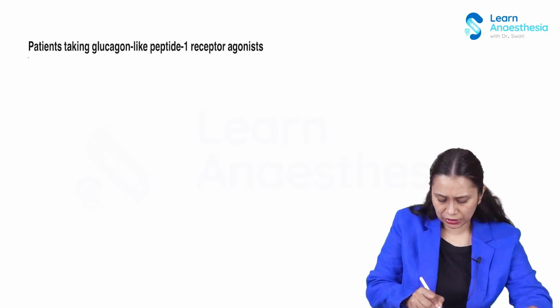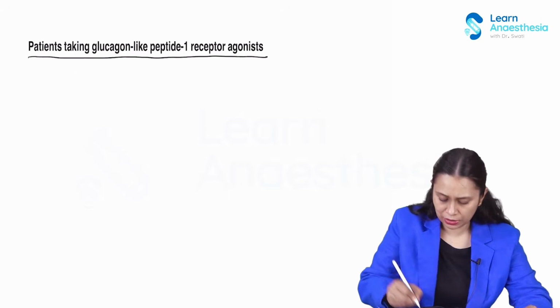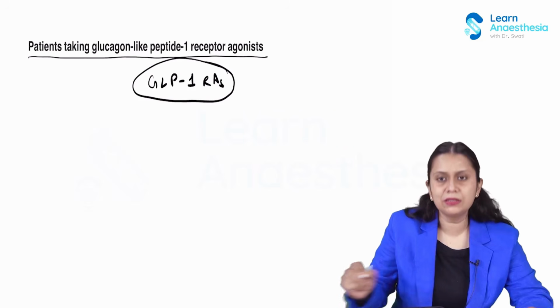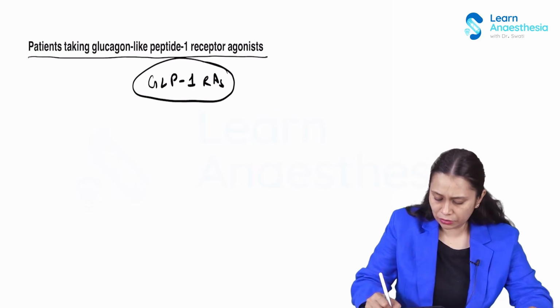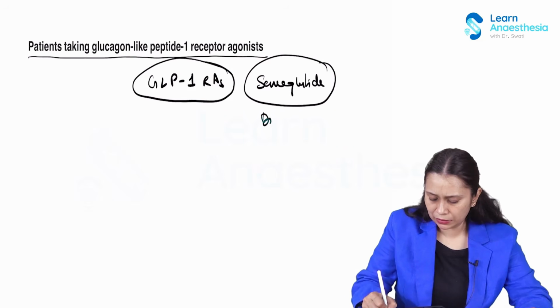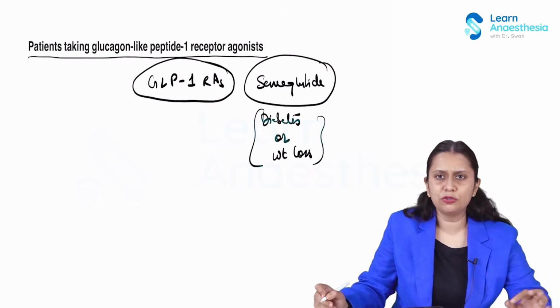Then patient taking glucagon-like peptide 1 receptor agonist, that is GLP-1 receptor agonist. An example of this drug is semaglutide. If a patient is on drugs like semaglutide, this is used in diabetes, or for weight loss and for several other reasons as well. Now, these drugs cause gastroparesis.